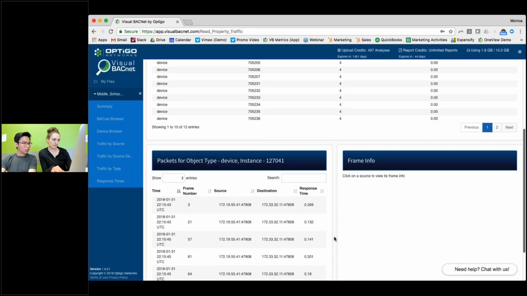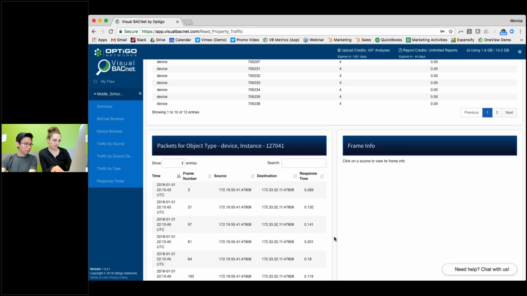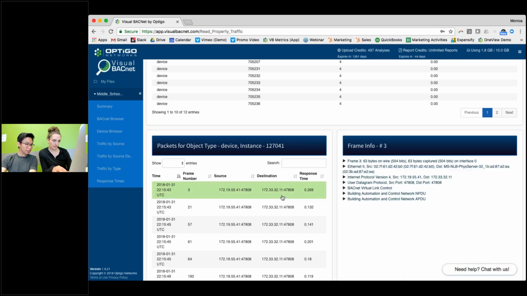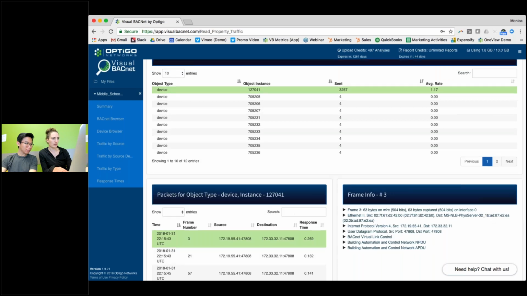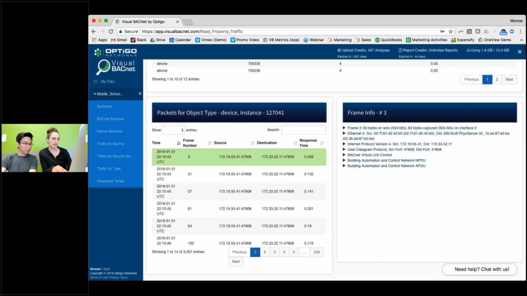The global controller is asking for the device instance. Oh, okay, that's what this is, device. It means it's looking for the device instance of this guy, 172.33.32.11.